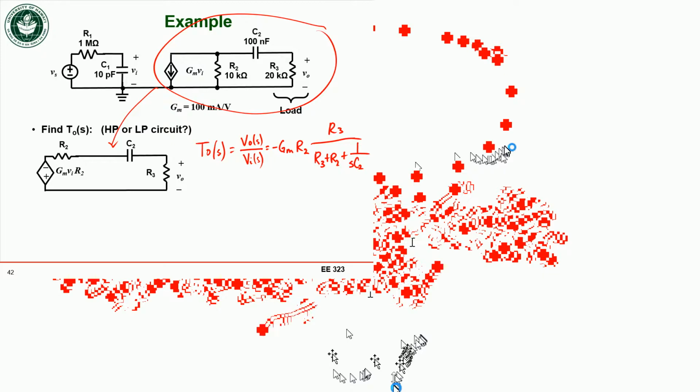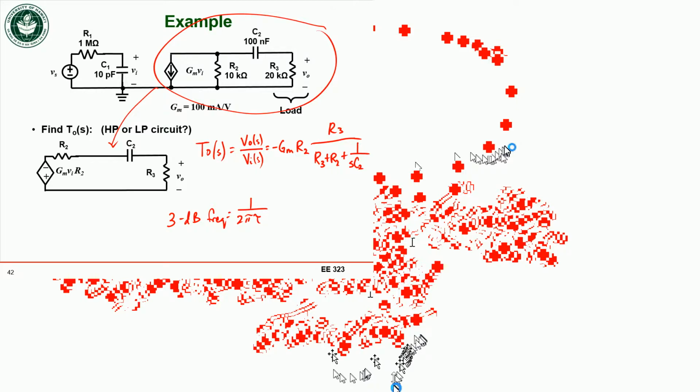And the 3 dB frequency, again, it's 1 over 2 pi times the time constant. And for this circuit, well, the time constant is always RC, but I have two discrete R's.